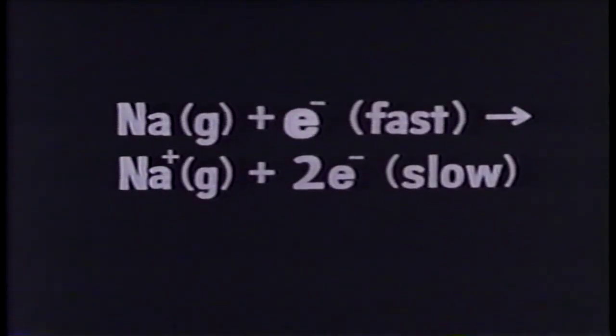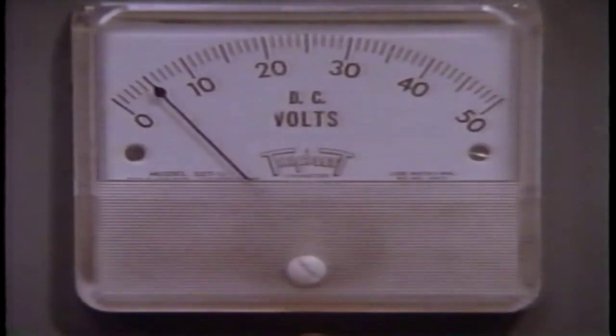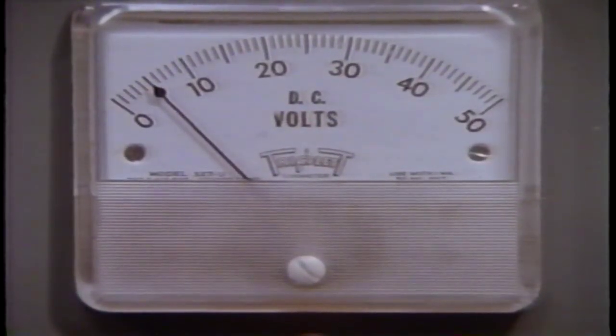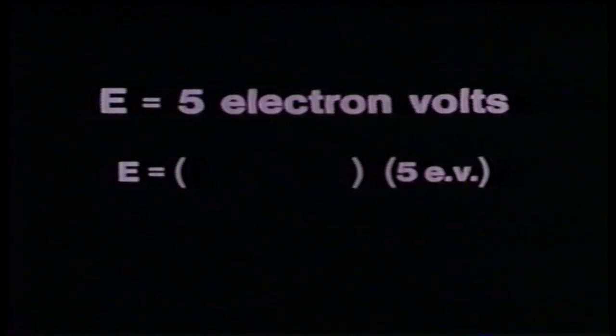The ionization energy of sodium can be calculated from the measured accelerating voltage of 5 volts. An energy of 5 electron volts was given to each electron. We can change the units to kilocalories by multiplying by the conversion factor 23.1.